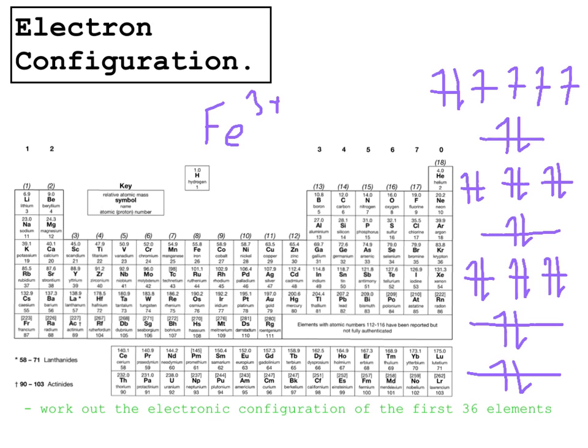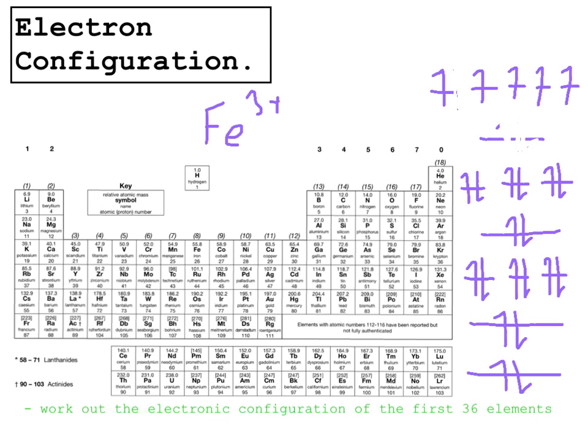So if we've got a 3+ ion, we're going to be taking out 3 of these electrons. So we're going to be taking out this one here in the 4s, and also 1 of the d orbital electrons, and the one that comes out is the one that's paired because that's being repelled the most.